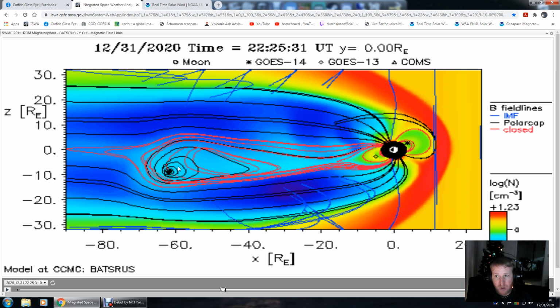These red lines are closed field lines. At the polar cap, what has happened is Earth has pushed against this magnet, and then as the push has gone out, it has electrically connected to it, as we see in black.